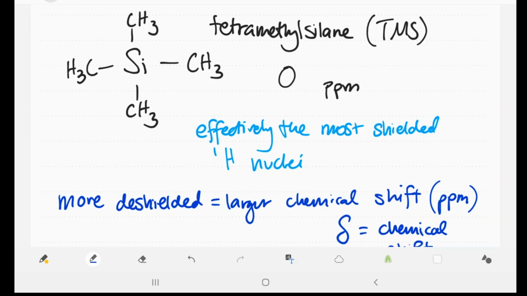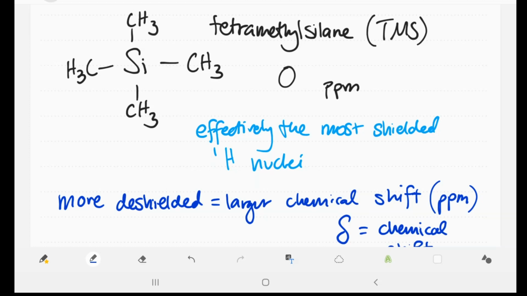Typically, your deuterated solvents have been spiked with just a little bit of TMS, so that you will have a peak at 0, so you can reference that and set your peak to 0. Although typically we don't show that. Really we're just comparing how de-shielded this nucleus is compared to TMS's nuclei.